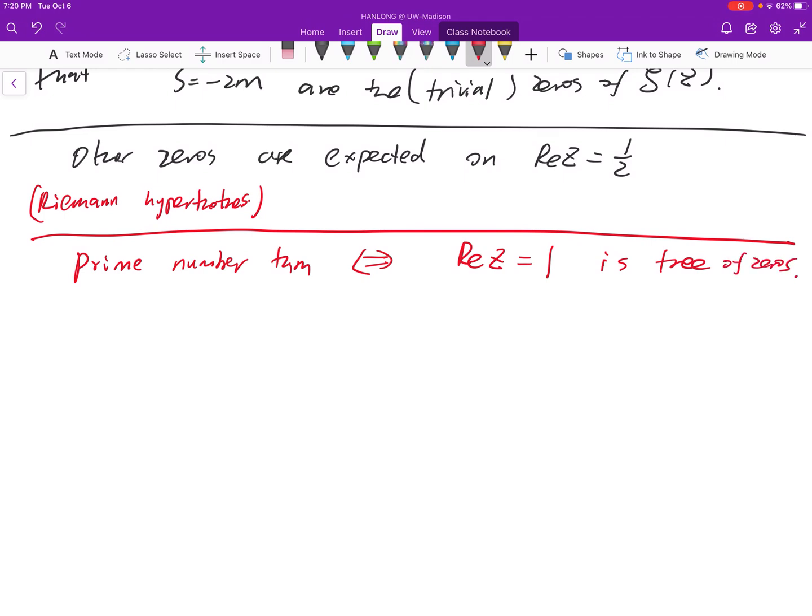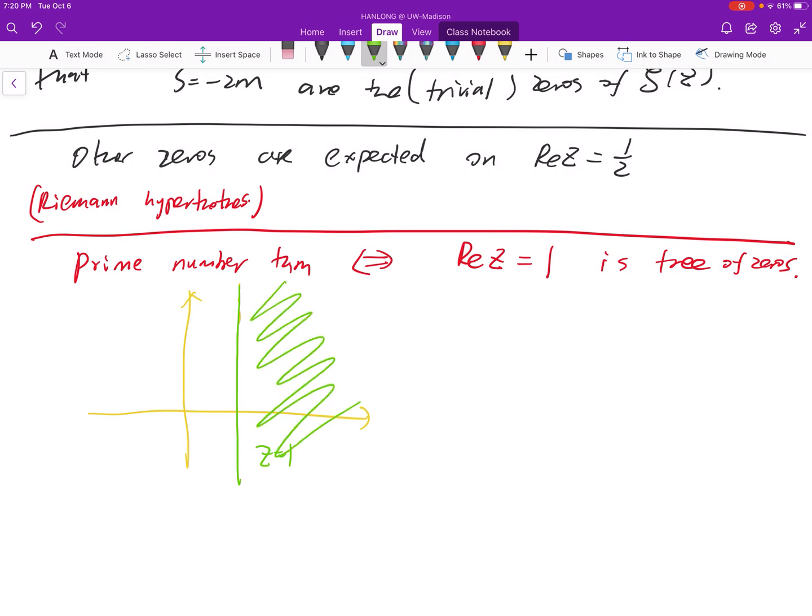There's no zeros on this line. And the current status of the problem is that, so this is the line s equals 1. So people know there's no zeros outside those regions.